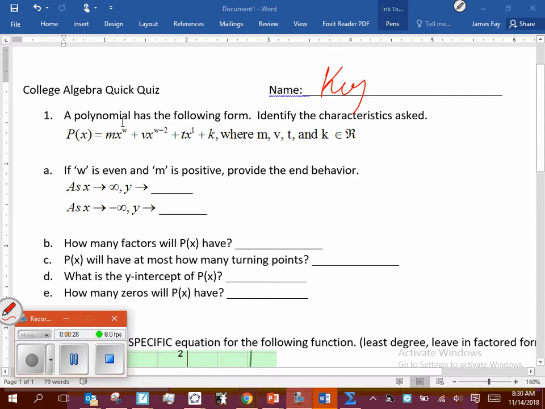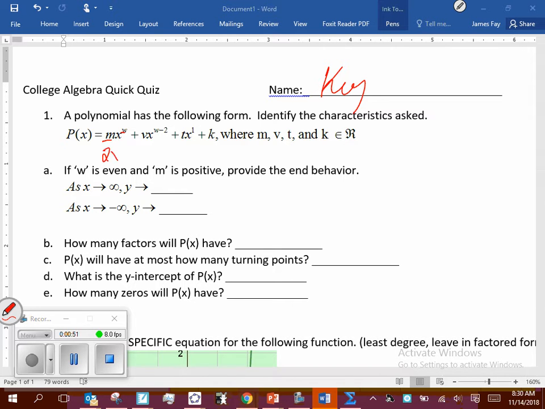Okay? So what they're saying is we have either a square term here, a fourth term, sixth term, eighth term, whatever, right? So they're saying it's got to be even. They're saying this is positive. If you were not sure, because I'm giving you variable objects here, you could take your calculator and type in 2x to the fourth and see what happens, and then maybe try 4x to the sixth.